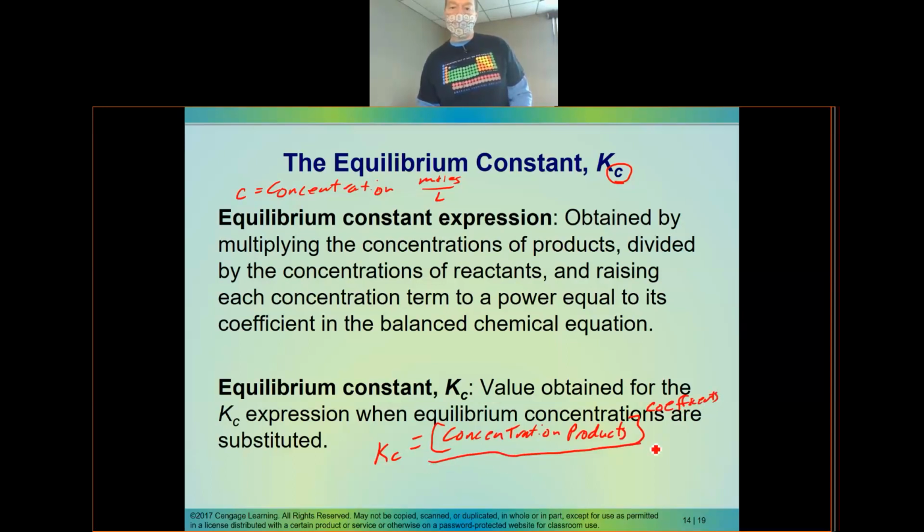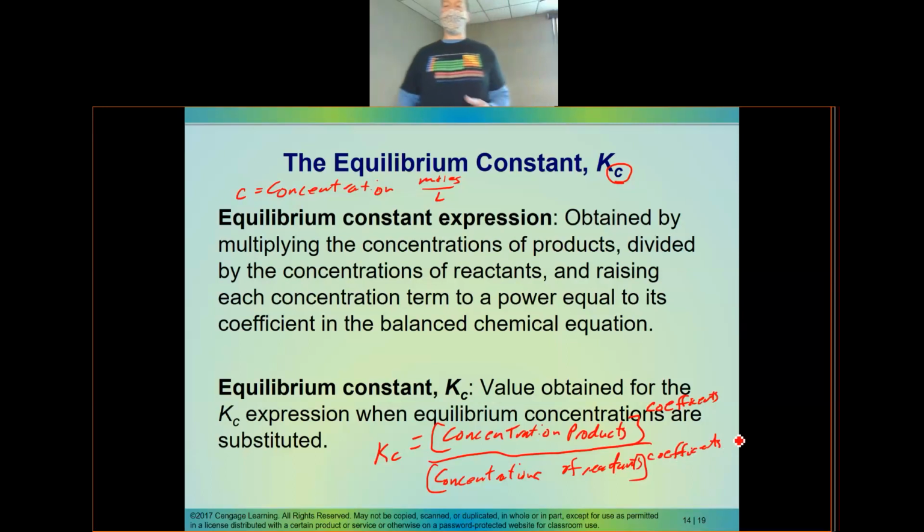And divide by concentrations of reactants, raised to their coefficients. All right, so that is how we're going to have the expression. So that is the expression for our equilibrium constant K. Products over reactants. Very important to remember when I do Kc, it is the concentration of products over reactants.